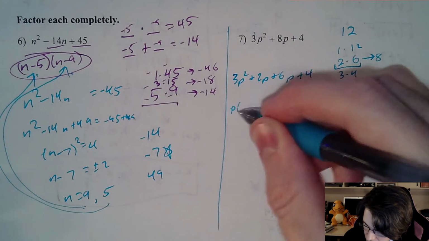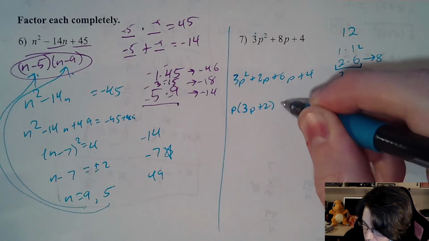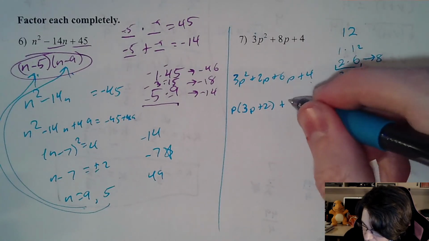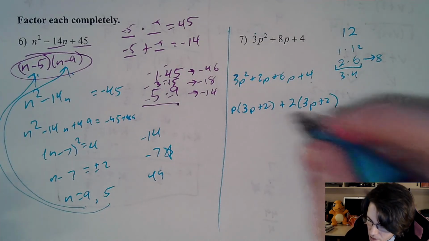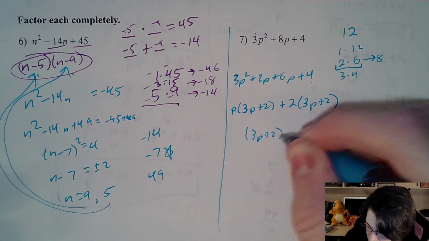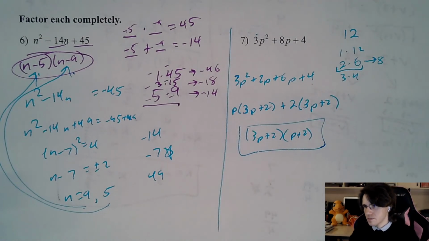Then we're going to factor out that p there, and that's going to be 3p plus 2, plus factor out a 2 from these ones, 3p plus 2 and 3p plus 2. And p plus 2 is our final answer.